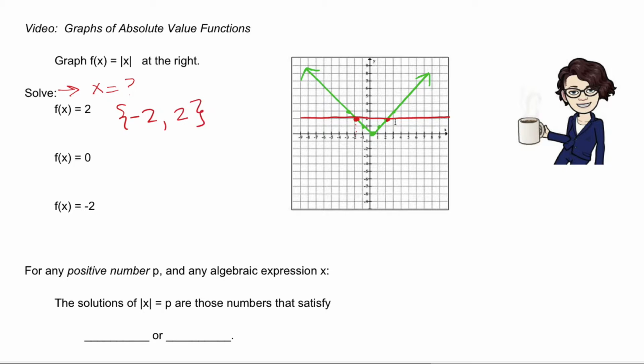If I look at my graph, when my output is +2, the input that goes with that is down on the x-axis at -2 and +2. So my solution set is -2, +2. Okay, so let me erase that line.